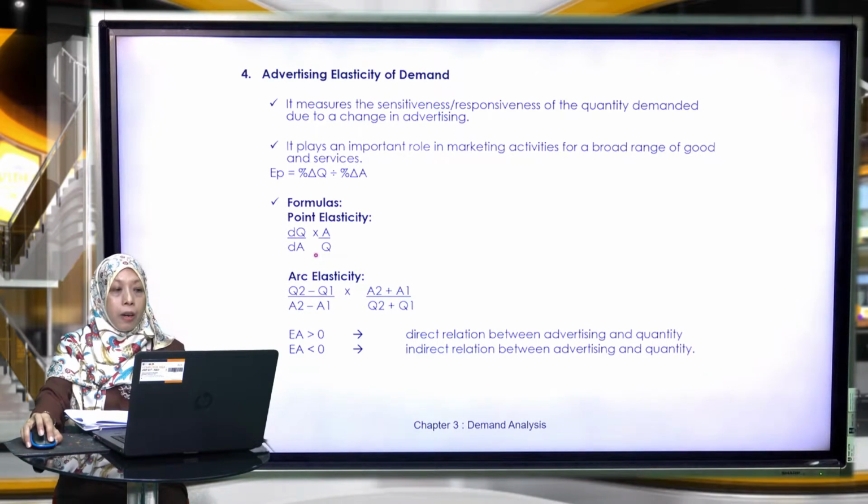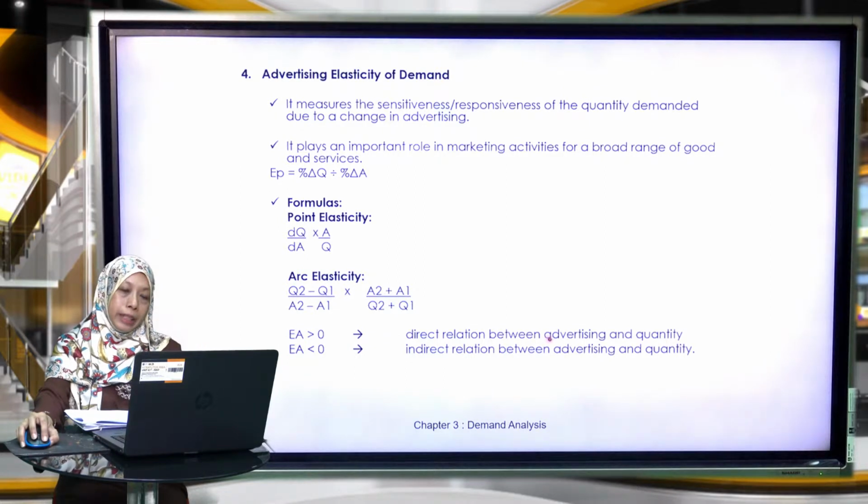When you calculate your advertising elasticity, you may get either a positive value or a negative value. A positive value simply indicates that there is a direct relationship between advertising expenditure and quantity. But if you get a negative coefficient, it means there is a negative relationship between advertising expenditure and quantity.